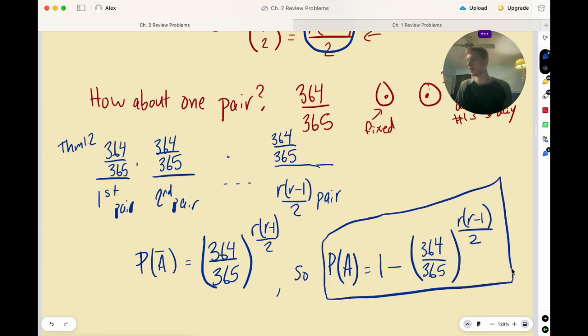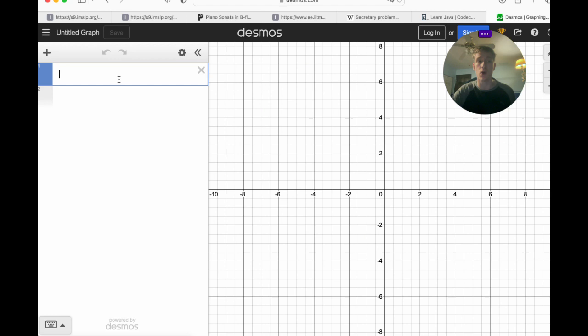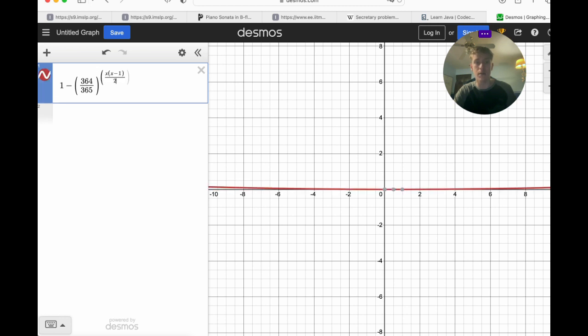Okay. So what I'm going to do now is just show you a little something. I'm going to plot this expression in Desmos. Let's just see what we get here. Okay, so what was it? 1 minus 364 over 365, and that is being raised to the power of, and now it really likes if I use x, so we're going to use x times x minus 1, all divided by 2.